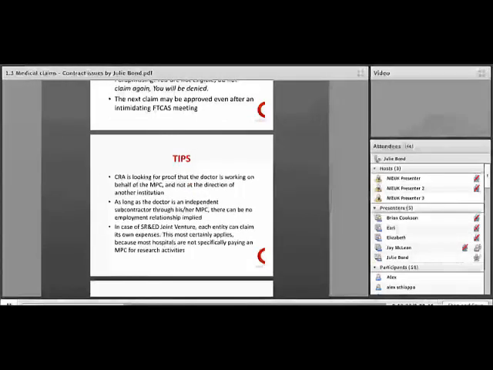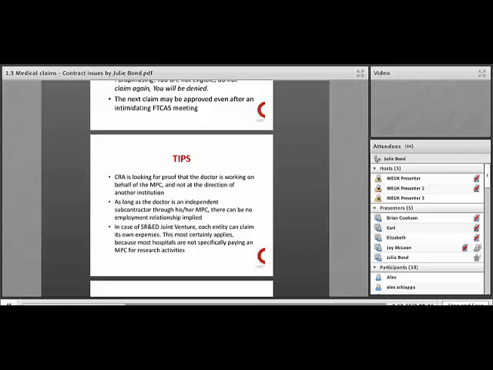As far as some of the tips I'd like to give, CRA is looking for proof that the doctor is working on behalf of an MPC and not at the direction of another institution. So as long as the doctor is an independent subcontractor and is not an employee of a hospital, then that should be fine. And a lot of these contracts already say that.